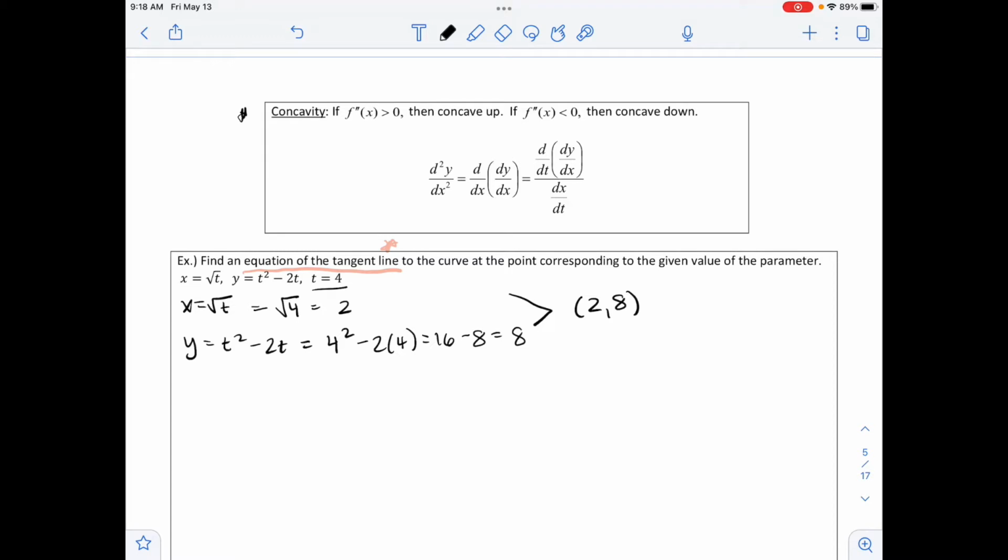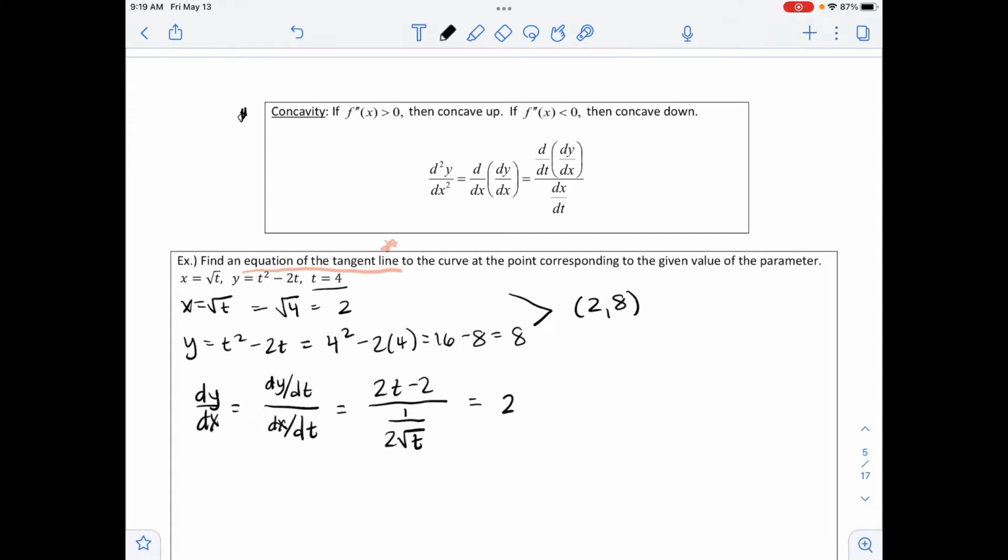Then in order to find the slope, we need to find dy/dx. Since y is in terms of t, we find dy/dt, and dx/dt since x is in terms of t. dy/dt is just going to be 2t minus 2. dx/dt would be the derivative of the square root of t, which is 1 over 2 times the square root of t.